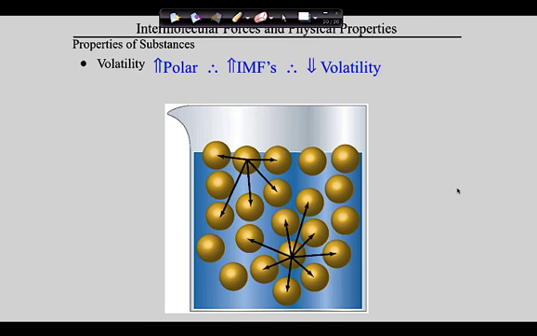So, for example, this would be water: highly polar, low volatility. Now, compare that with this relationship. Molecules with low polarities, like H2S, have weaker intermolecular forces, as represented by the downward arrow, and they have higher volatilities. So H2S would evaporate more quickly than water.